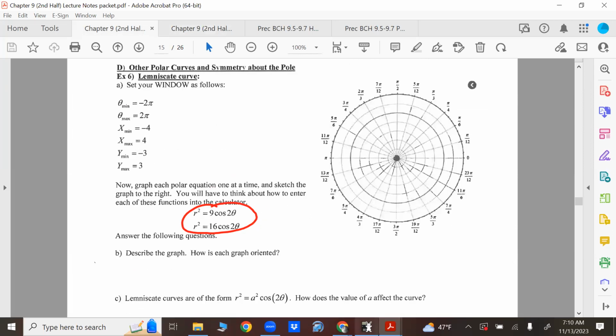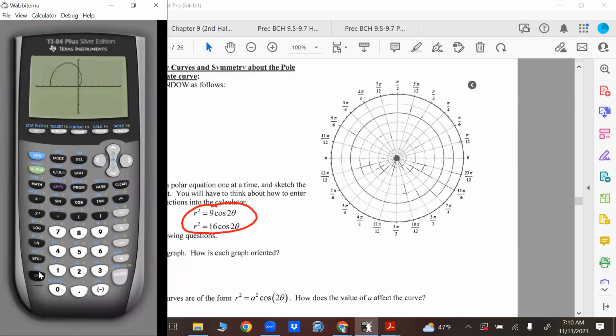So let's fix our window here. We're going to go from -2 pi to 2 pi. We're going to go from -4 to +4 for x, and -3 to 3 for y, which I already have.